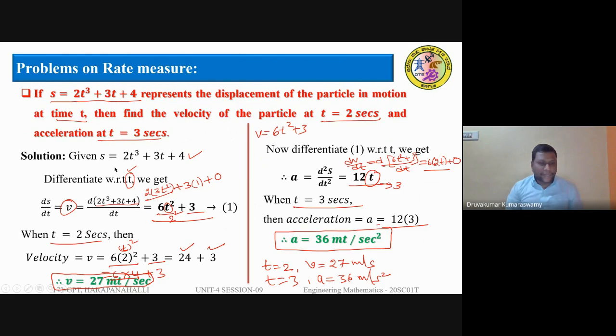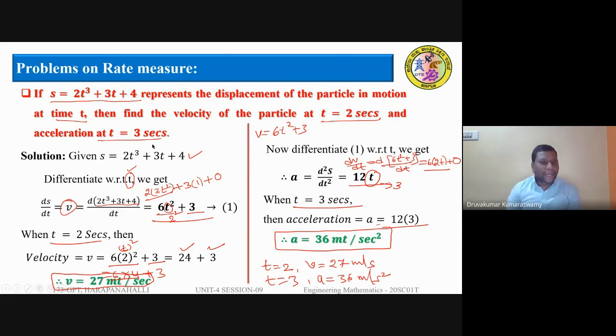Okay, once again I will repeat. Given s is equal to 2t cube plus 3t plus 4, a problem like this must be read very carefully. If you miss even a little, the answer will be missed. So they have given the displacement, we have to find the velocity at t equal to 2 seconds and the acceleration at t is equal to 3 seconds.